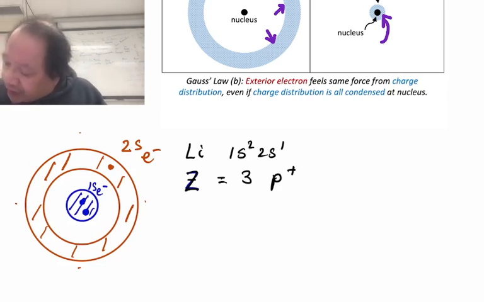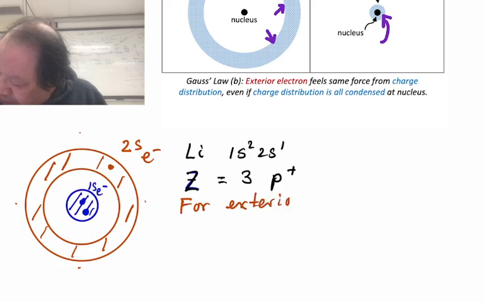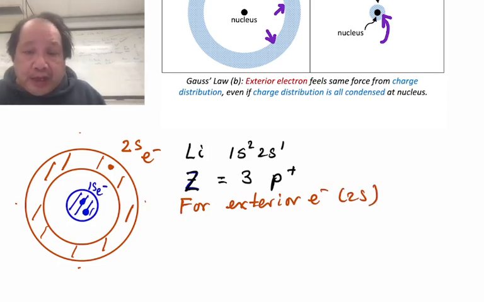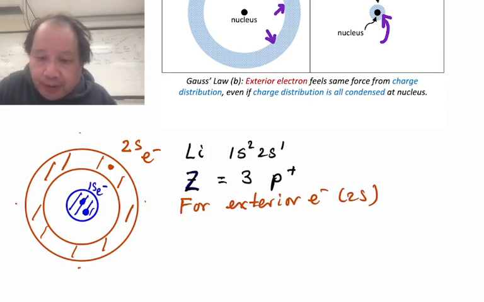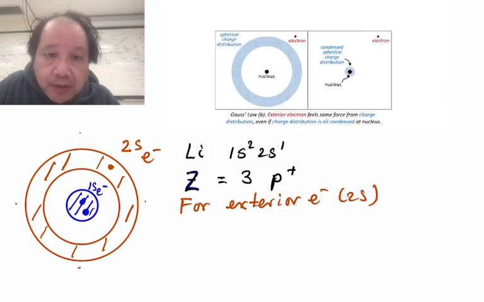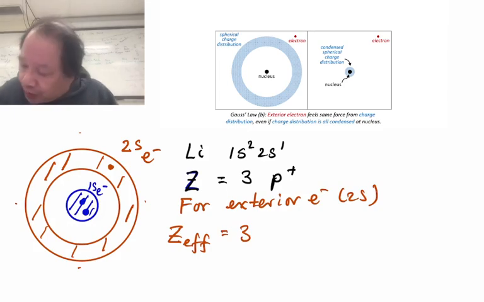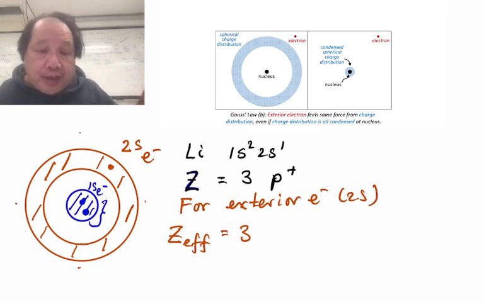From the point of view of the exterior electron, which is the 2s electron, it will feel the same forces as if it will feel an effective force on the nucleus, which will be the 3 protons, but the 2 1s electrons that are here in the center, we can, by the second part of Gauss's law, condense them at the center.